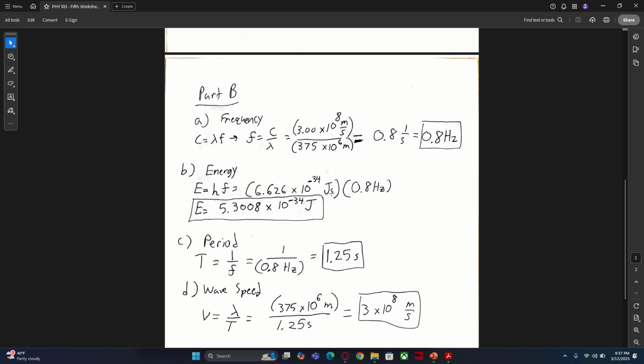And joule seconds times hertz, or joule seconds times an inverse second, the seconds cancel, and that's why we're just left with J for the unit of energy, or joules. And if we multiply 6.626 times 10 to the negative 34th by 0.8, that gets us 5.3008 times 10 to the negative 34 joules.